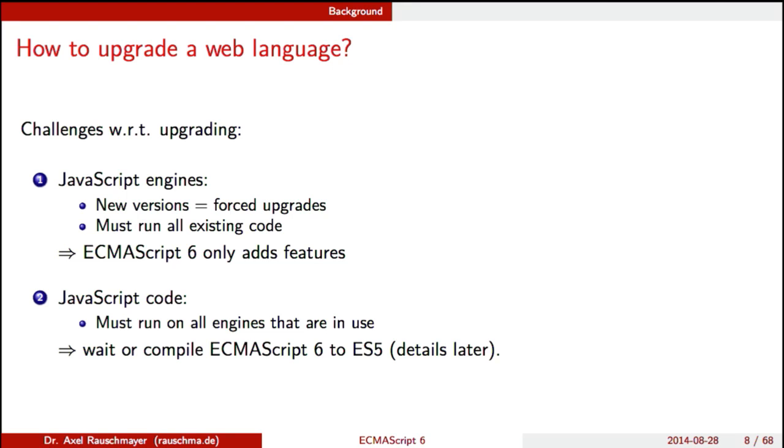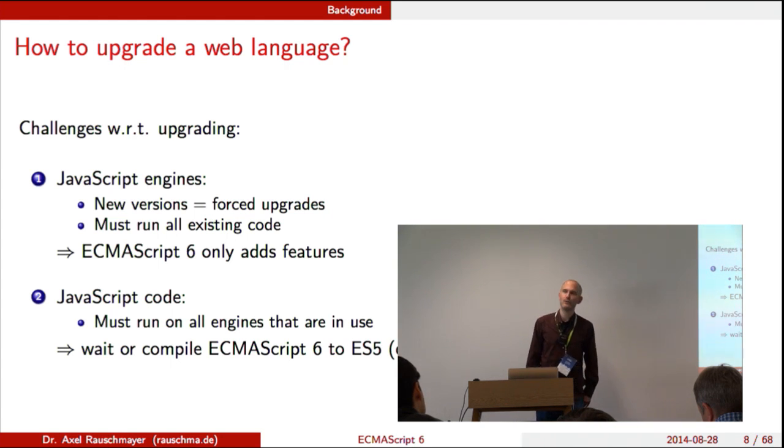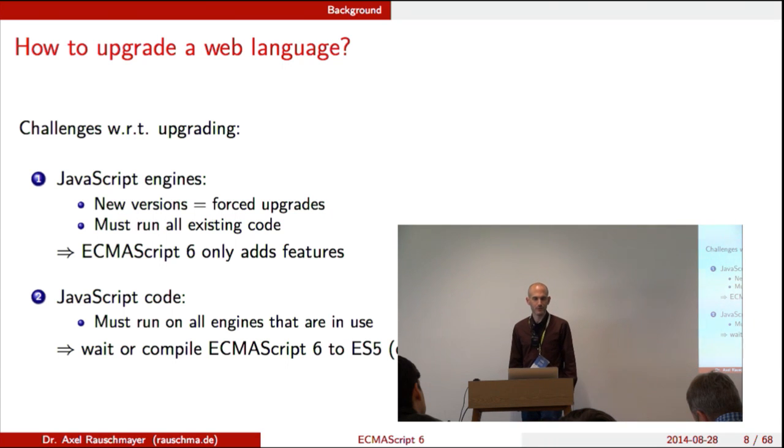When it comes to upgrading a web language, you have challenges that are different from normal languages, because an upgrade of the JavaScript engine is always a forced upgrade. So a new version comes out, the engine or the browser does an automatic upgrade, and all of a sudden, all the code on the web has to run on the new engine.